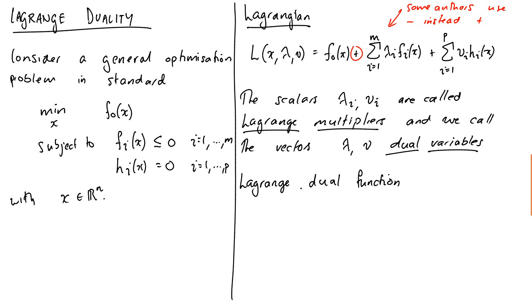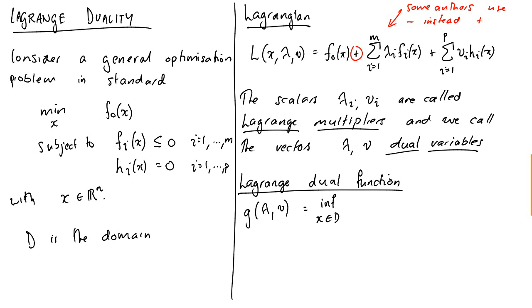Okay, so it's related to the Lagrangian, and it's defined as follows. g of lambda and nu, so it's a function of the dual variables only, is defined to be the infimum over x in D. Oh, by the way, D is the domain, basically the domain of this entire problem, which is the intersection of all the individual domains, and is non-empty.